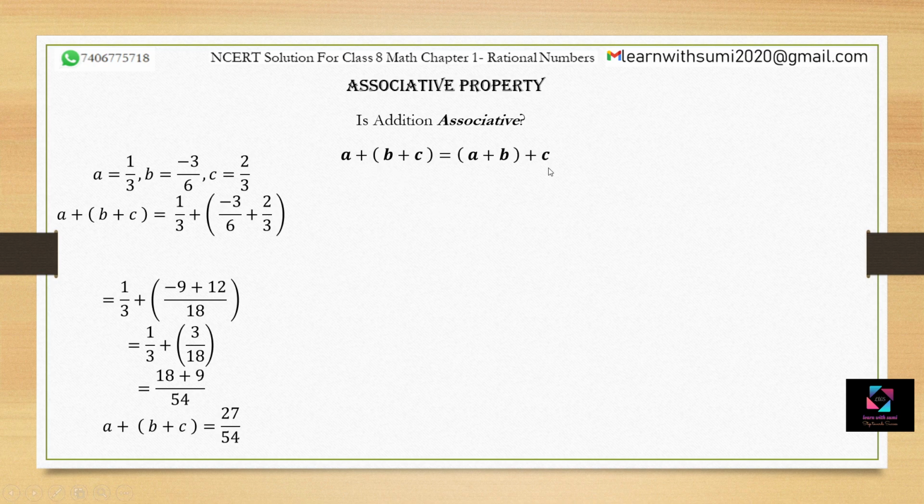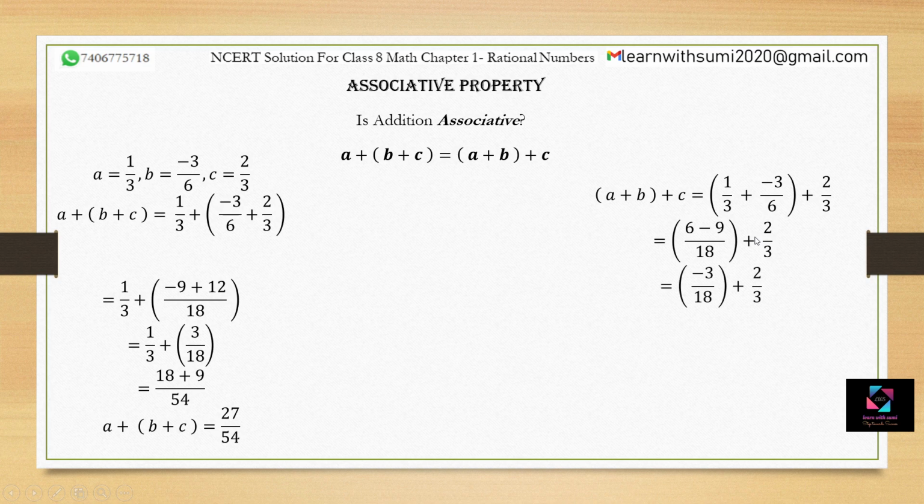Now check for RHS. (a plus b) plus c is equal to 1 by 3 plus minus 3 by 6, plus 2 by 3. Here we will add a plus b first, then whatever result we get, we will add it with c. So cross multiplication, 6 ones are 6, 3 3s are 9, minus sign, 6 minus 9 divided by 6 3s are 18, plus 2 by 3 as it is.